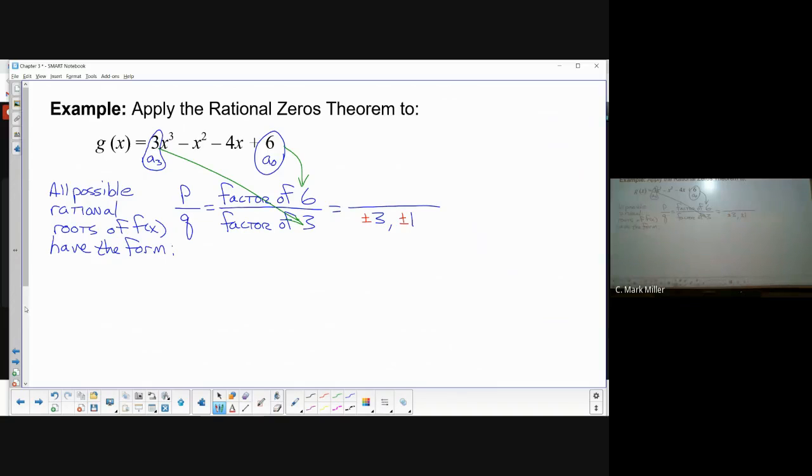Now, the reason I started at the bottom is that 3 is simple to factor. What are the factors of 6? What numbers divide 6 evenly? Well, you're going to have 6, 3, 2, 1, plus and minus all of them.